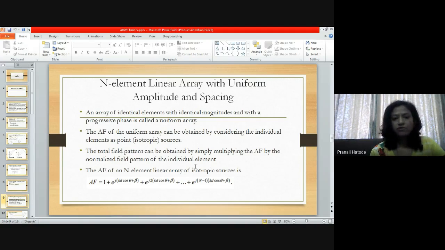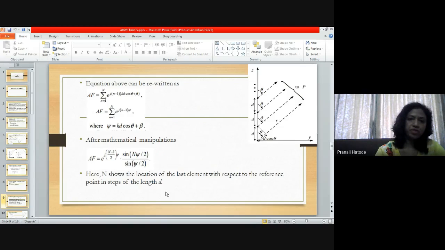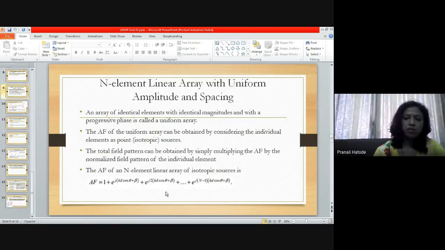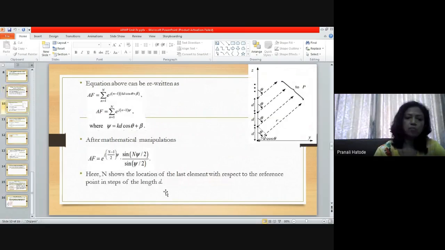Now the array factor of a uniform array can be obtained by considering the individual elements, and it will be given by this equation. You can see in this equation carefully that the exponential factors will increase with the number of elements in the array. After mathematical manipulation of the above equation, you can sum it up as this equation.